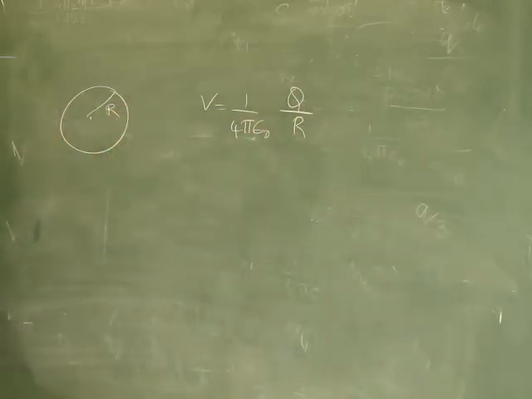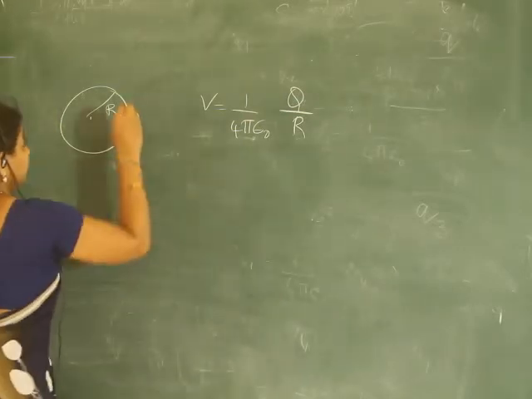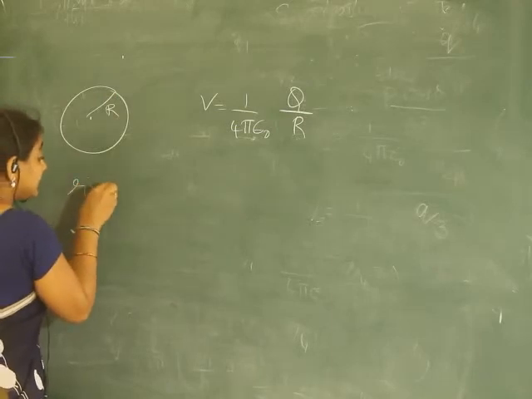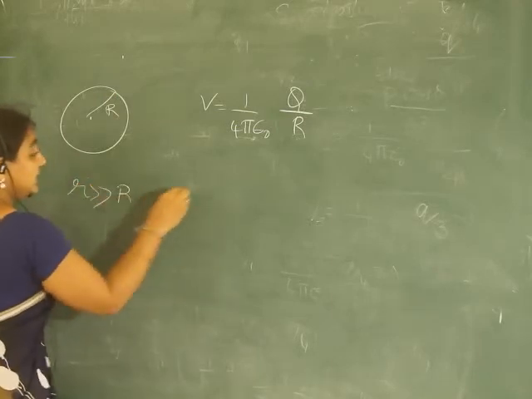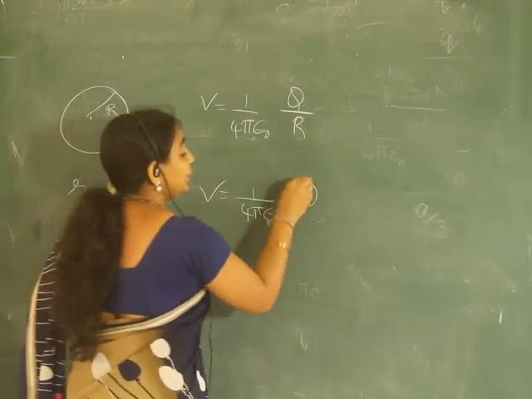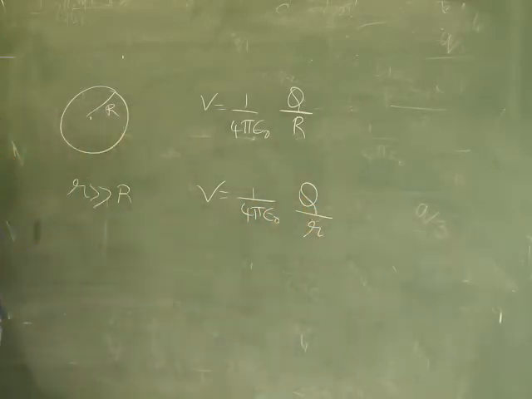Expression for the potential on the shell and outside the shell: if r is greater than R, then V is equal to 1 by 4 pi epsilon naught Q by r. It depends upon r.